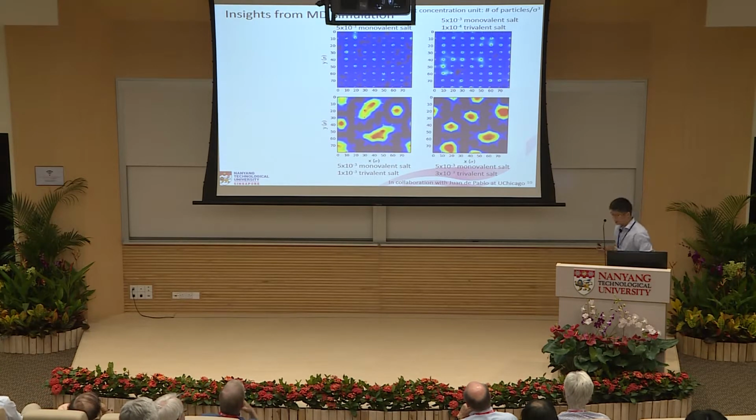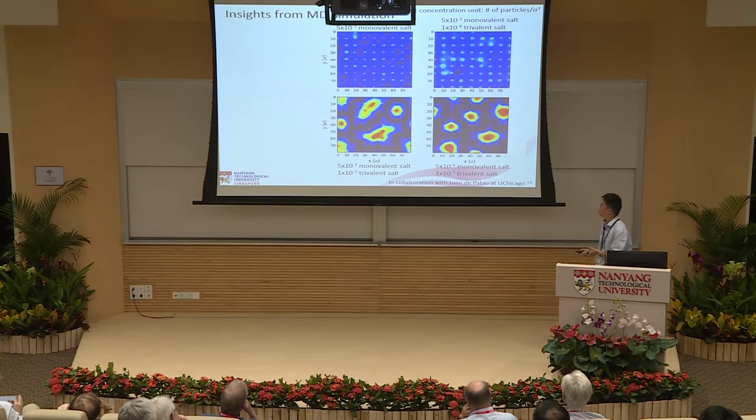We also did MD simulation in collaboration with the de Pablo group at University of Chicago. Here we have a polyelectrolyte brush system with 64 chains, and the brush shows a uniform structure in the presence of monovalent salt. But when we start to add trivalent salts, we notice that the inhomogeneities start to grow.